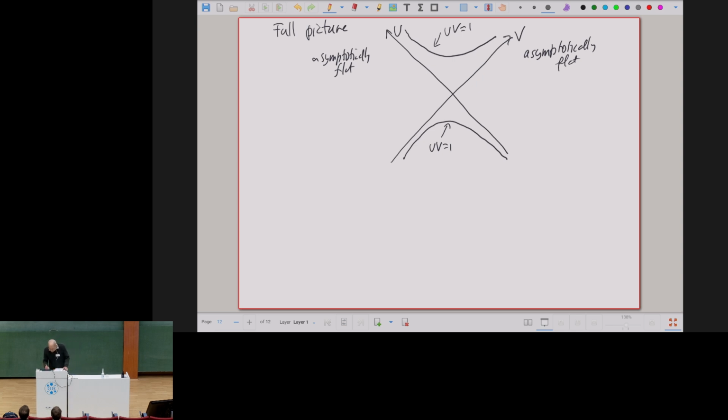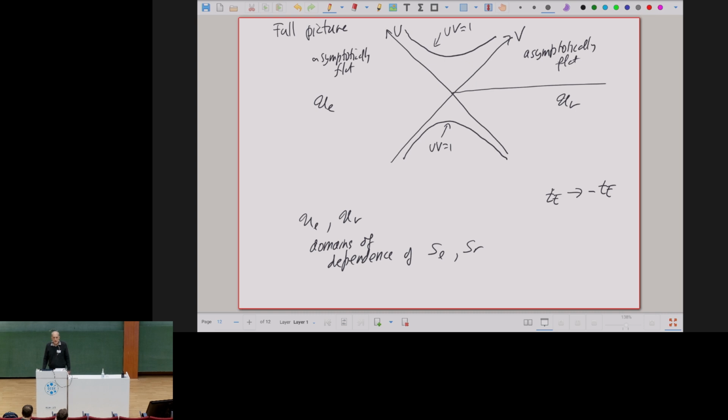So there are two asymptotically flat regions, UL and UR. So UL and UR are the domains of dependence of the partial Cauchy surfaces that I called SL and SR. Okay. What I called the fixed point set of t going to minus t.